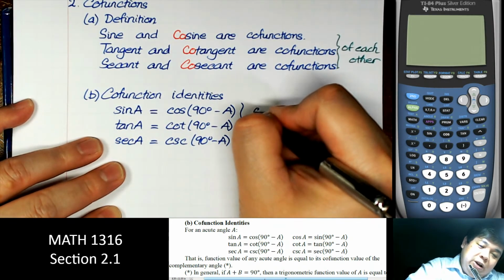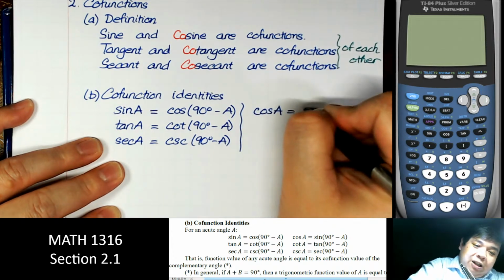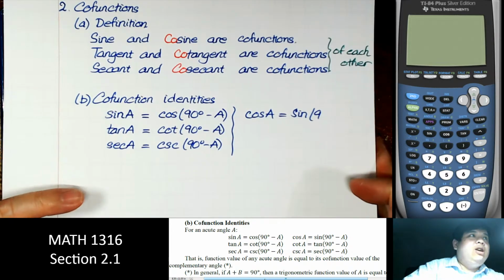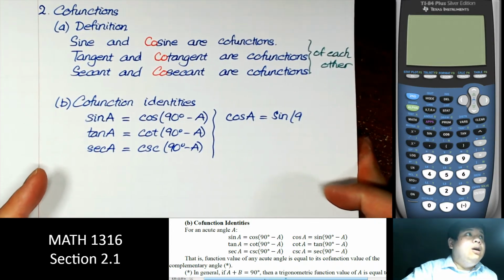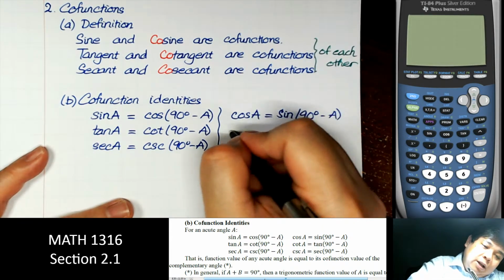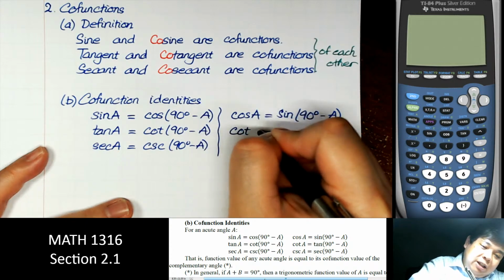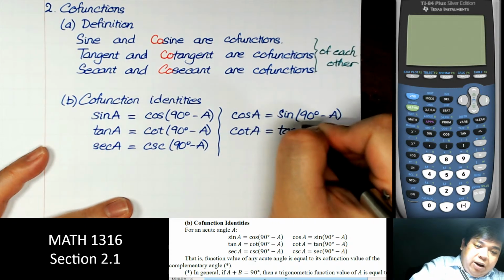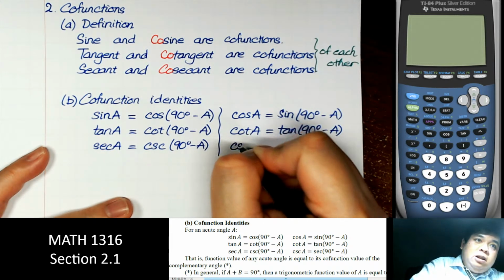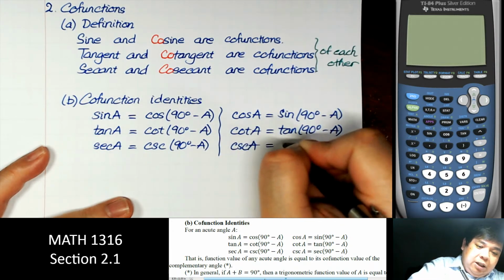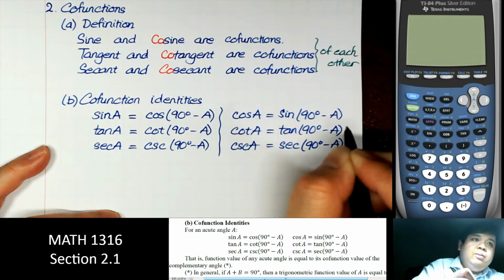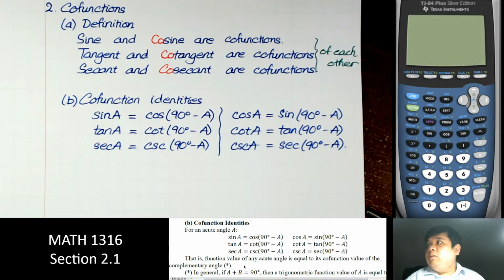Actually, just write everything out. Then cosine, go back to the cofunction of cosine, which is sine. Tangent, cotangent of A, tangent of 90 degrees minus A, and cosecant is secant. Right.